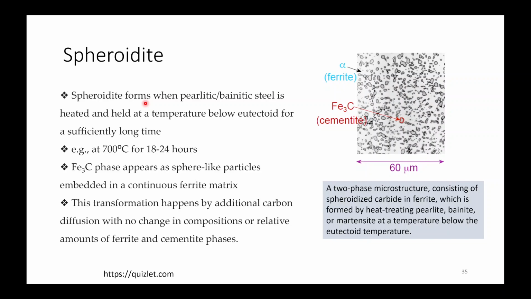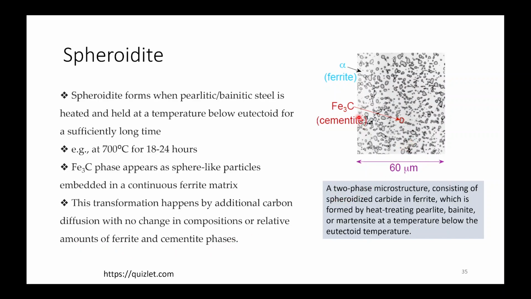For example, at 700 degrees Celsius for 18 to 27 hours. In this case, your Fe3C phase appears as sphere-like particles embedded in a continuous ferrite matrix. This transformation happens by additional carbon diffusion with no change in composition or relative amounts of ferrite and cementite phases.